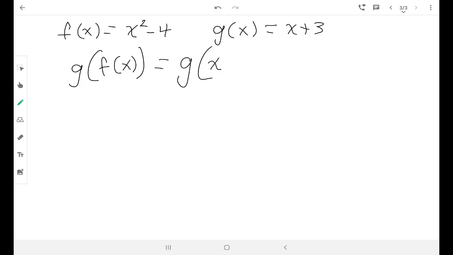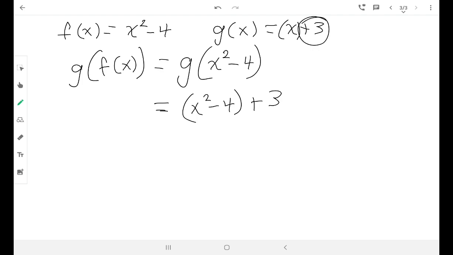So it's g of x squared minus 4. And then again, I'm going to go to g, because of that g right there. I'm going to put parentheses around every x, and I'm going to replace these parentheses with these ones. So this is going to equal parentheses, and originally it was parentheses x. Now it's parentheses x squared minus 4. So that takes care of the parentheses part, there and there. And then we have this plus 3 over here on the end of it. And then we just need to simplify.